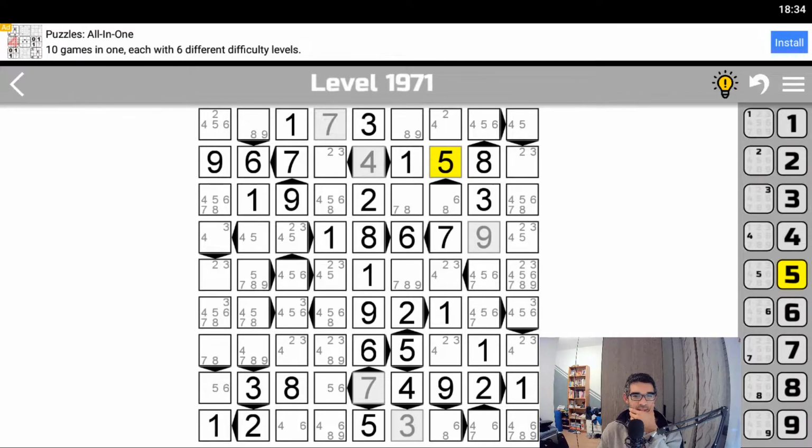I'm still missing some numbers, but probably just by looking at so many numbers, now my brain is kind of stuck. Okay, I have removed all the numbers here, right? Yeah, I'm still looking at the horizontal lines, but I also have the vertical lines I have to look at.